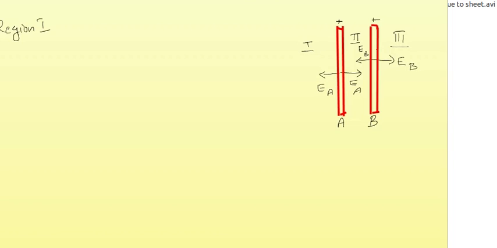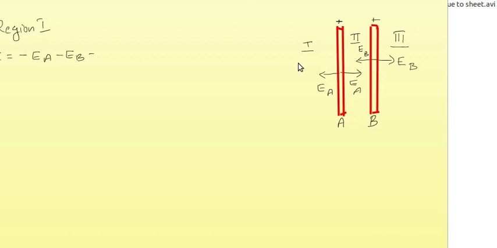At first, region 1, and what is the total field? The total field E is equal to EA, but EA is towards left, which means it is minus EA. And what is the field due to EB? EB is coming like this. From the sheet B, the field line is coming like this and it is passing through the region towards left.